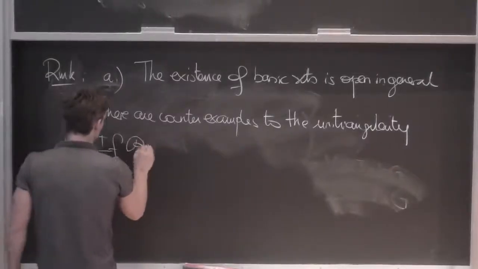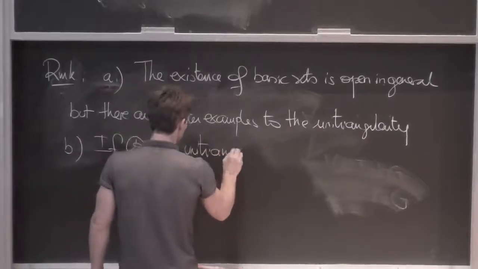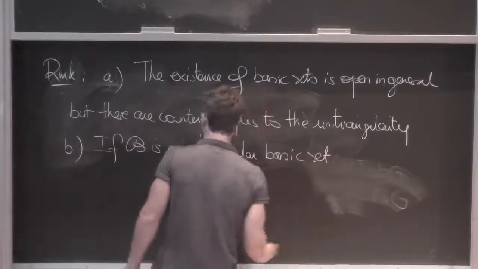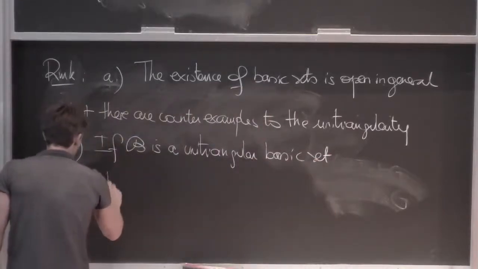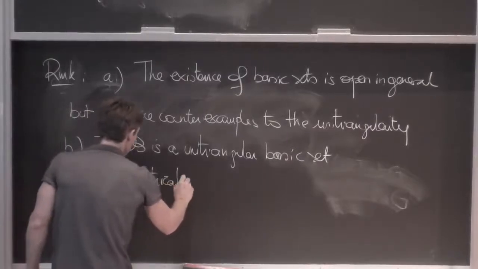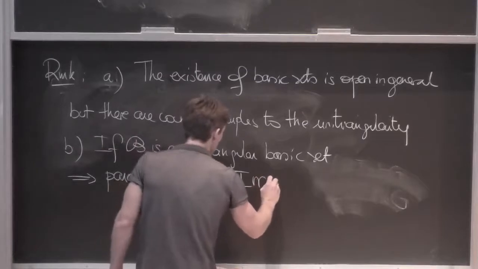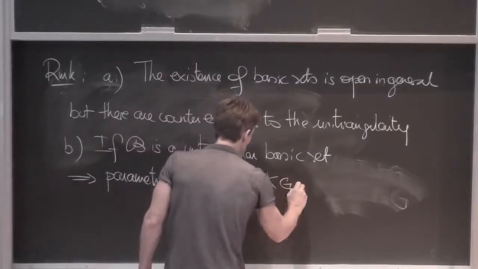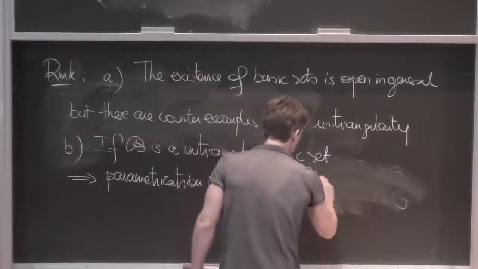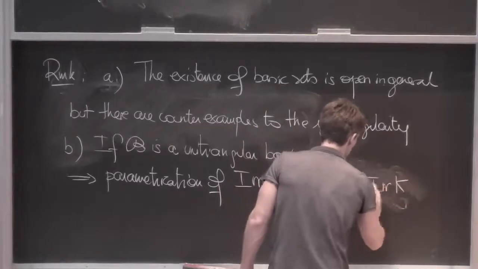So if B is a unitriangular basic set, this gives you a parametrization of the irreducible representations of G in characteristic L in terms of the representations in characteristic 0, or a subset.